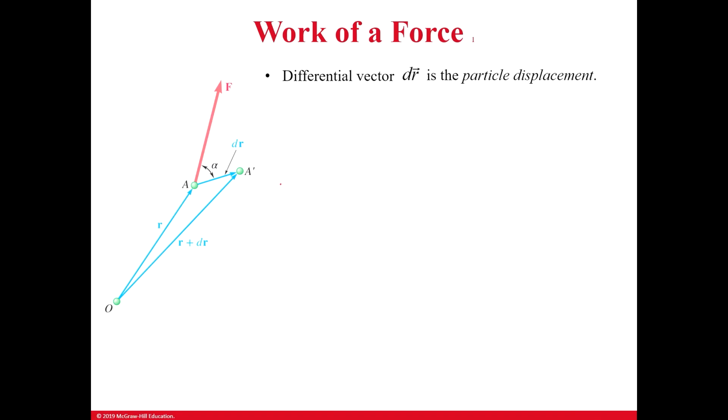So let us talk about work of a force. Again, let's start with a force. A force is a vectorial quantity. Force is a vector with a magnitude and direction. All right, so this is i, j, k.